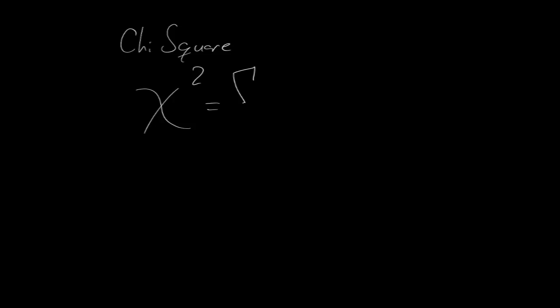Let's take the sum of what? It's the sum of the observed minus the expected, squared, divided by the expected for our first row, for our first phenotype, plus what?